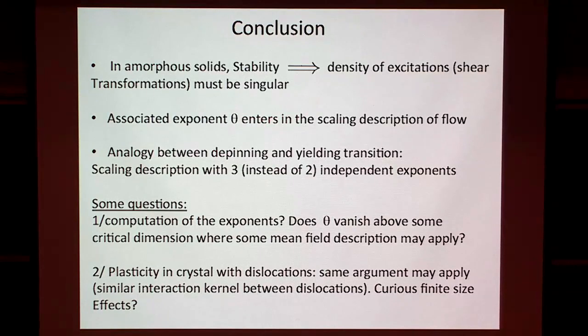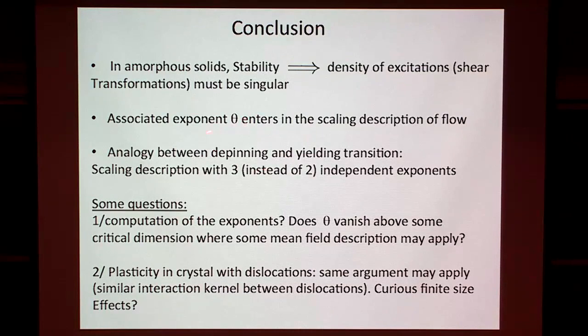Well, so maybe the key argument would be that in amorphous solids, you have to think about why they are stable in the first place. And that constrains how much shear transformation you can have in those systems. And there is a density of excitations, if you want, and it's characterized by some exponent theta that we think is going to enter in the description of slow flow, at least at 0 temperature.